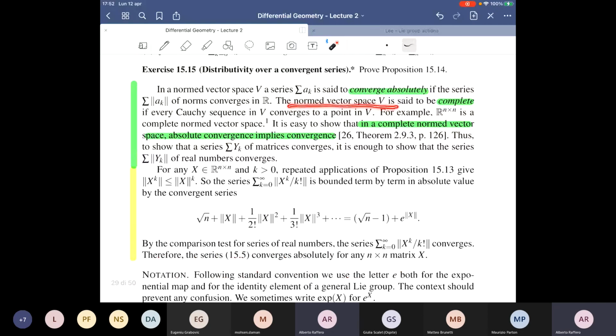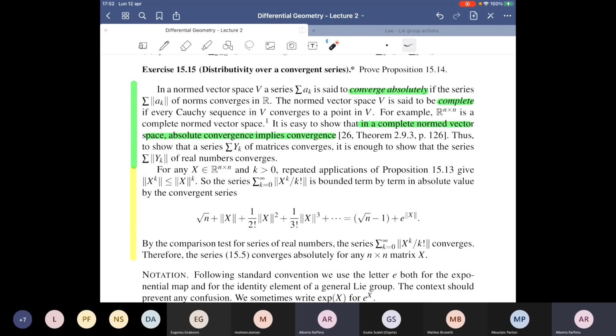So in the case of a normed vector space, you can define what a Cauchy sequence is, and you call the normed vector space complete if every Cauchy sequence converges to a point, be careful, inside the same algebra. For instance, one can show that the space of square matrices with the norm we introduced before is a complete normed vector space.